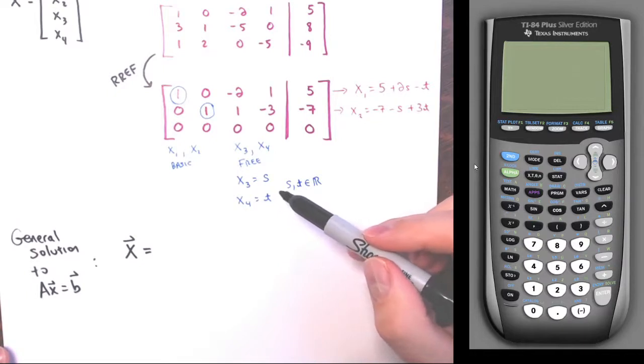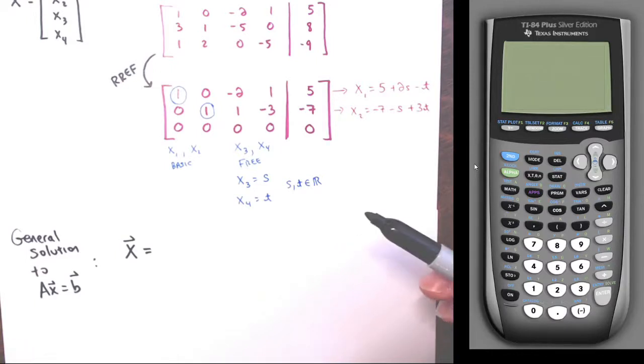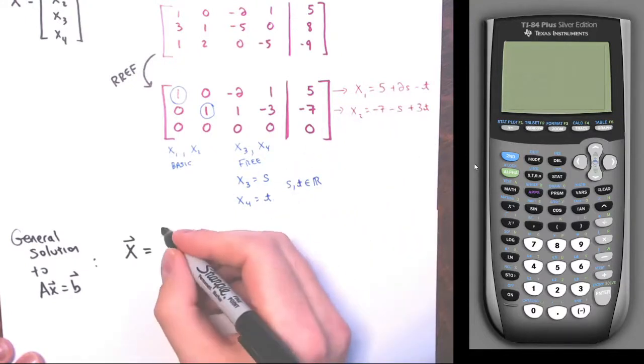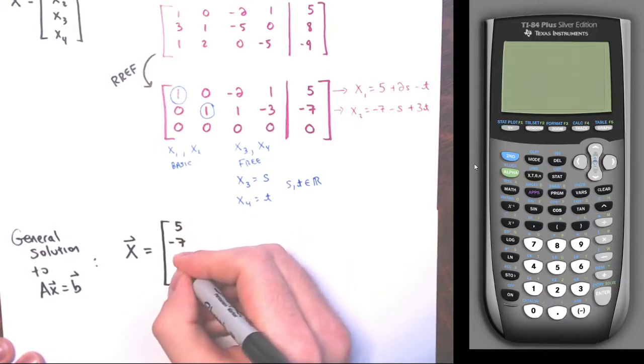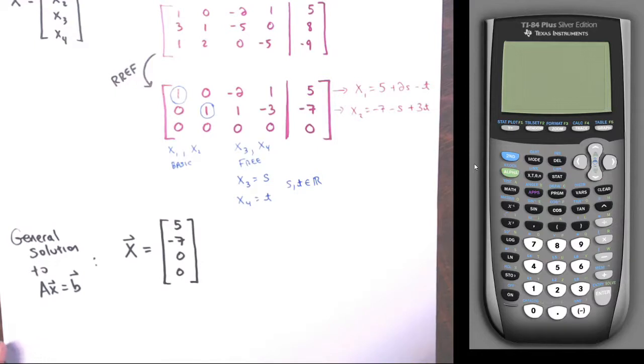Again, these are going to be vectors from R4, so I'm not going to be able to picture it this time, like a website or a picture. It's R4. But the stuff without the free variables would be 5, negative 7, 0, 0, the vector 5, negative 7, 0, 0. So there's a particular solution to the system.